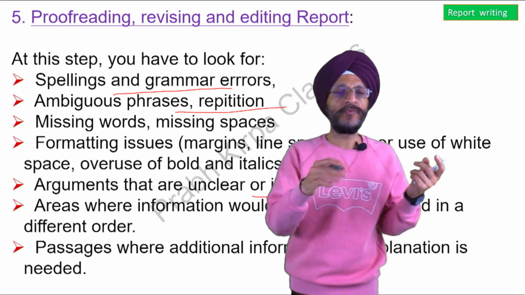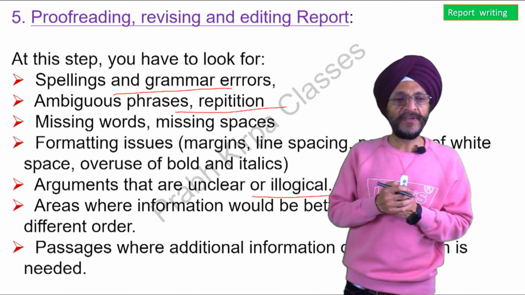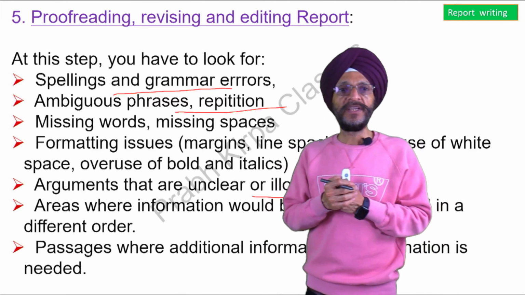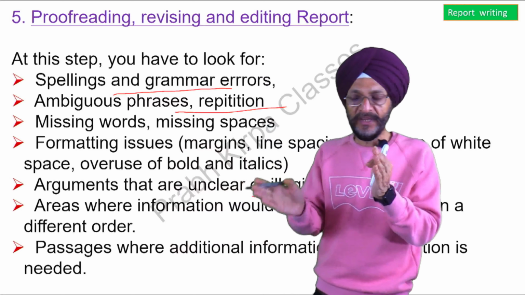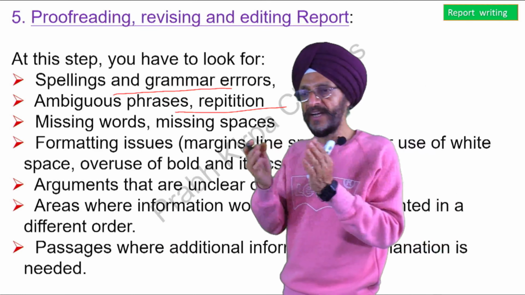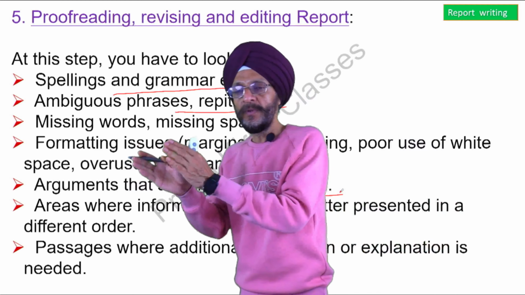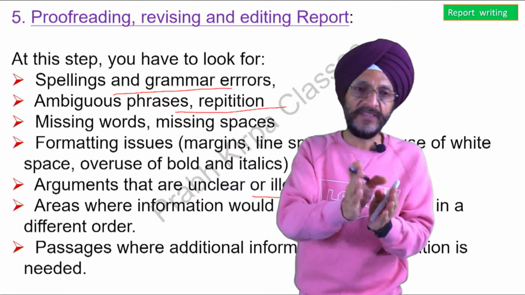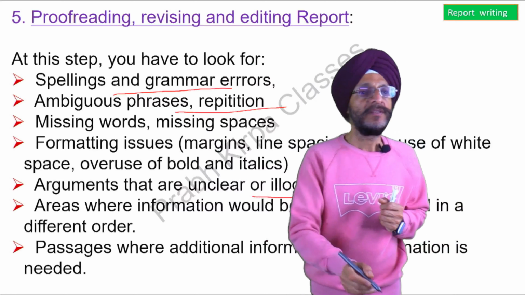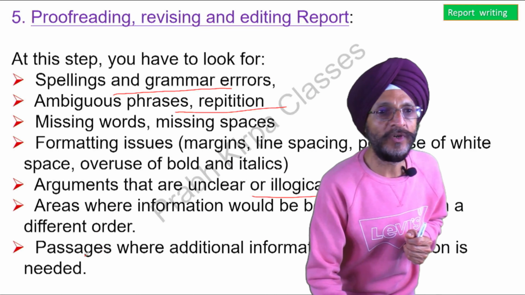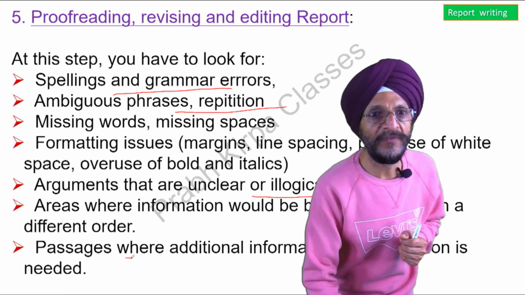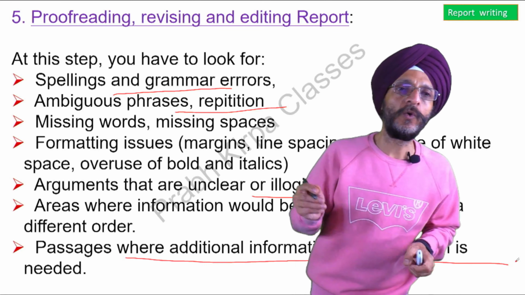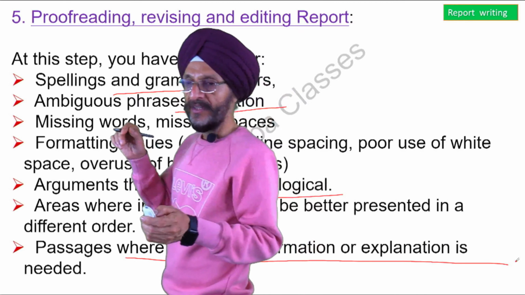We will also have to find out the areas where information would be better presented in a different order. Suppose we have presented information in the 7th paragraph, we may find that it will be proper to place the 7th paragraph in the 3rd paragraph. Then we will also have to find out the passages where additional information or explanation is required.